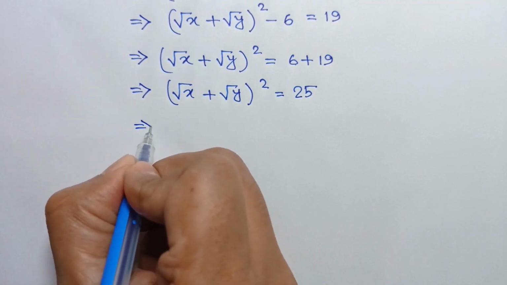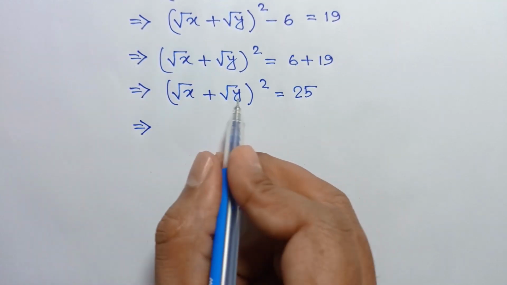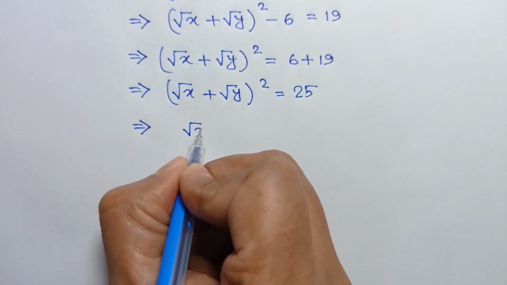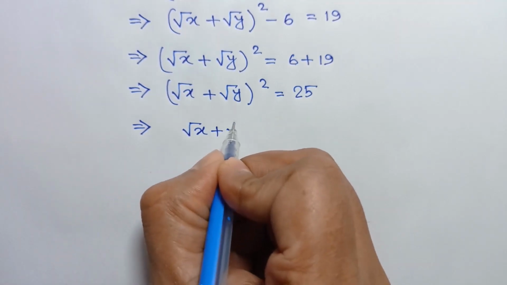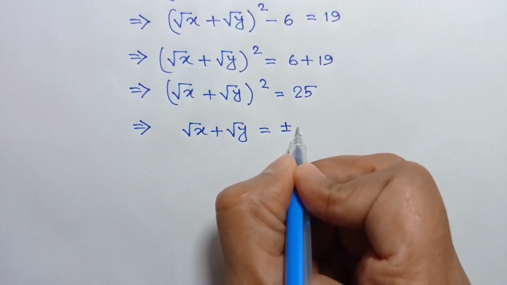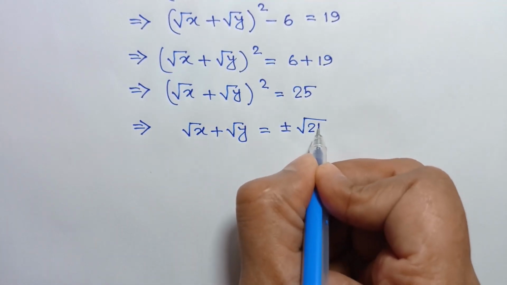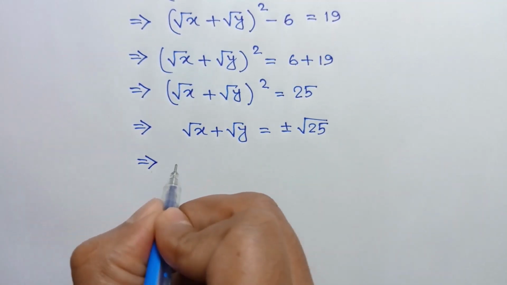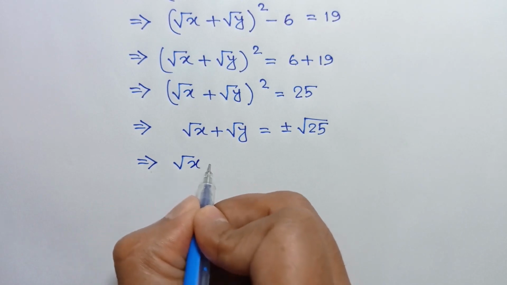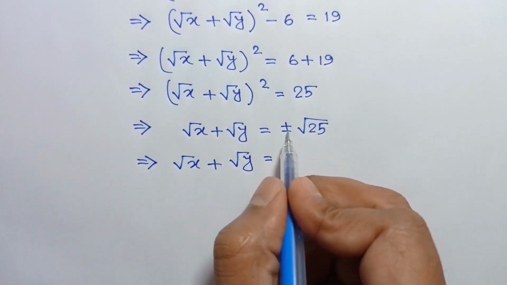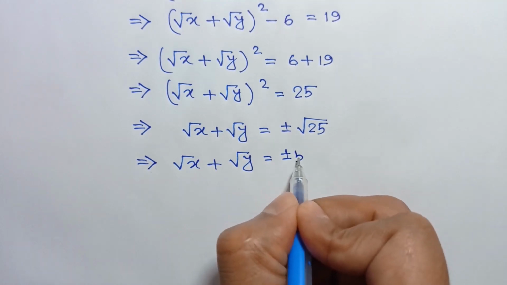or taking square root on both sides, we will have square root of x plus square root of y is equal to plus or minus square root of 25, or square root of x plus square root of y is equal to plus minus 5.